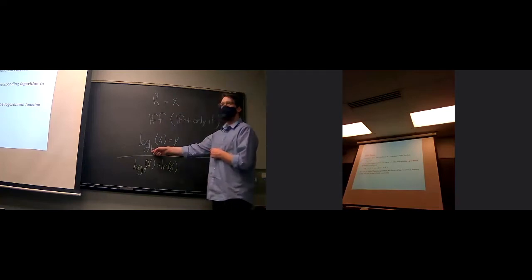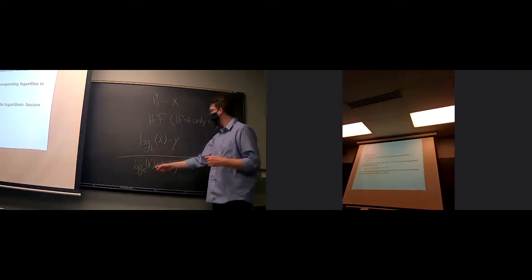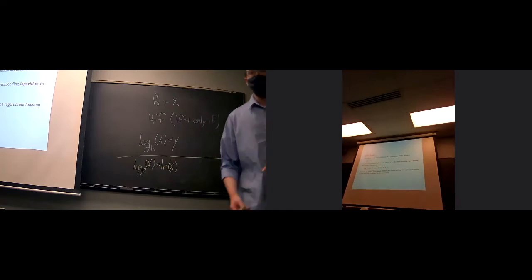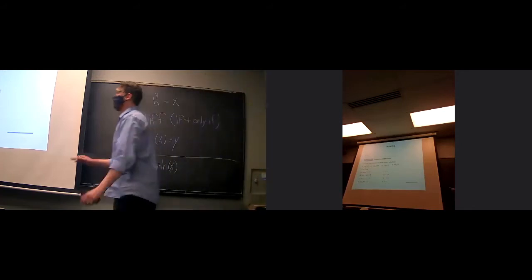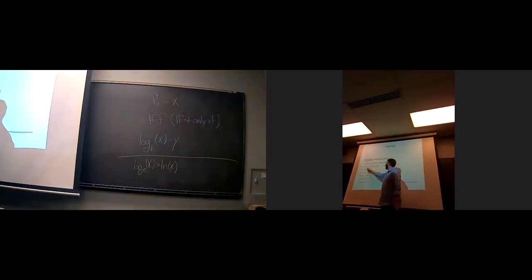But what about when it's log base anything other than e? What then? Well, we need to know a couple things first. First, we need to make sure we know how these things work. So let's consider a couple of these examples.